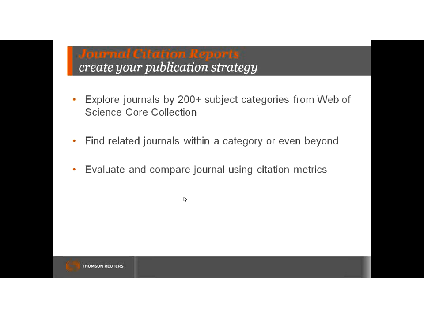Immediacy Index helps you to have an idea that when you publish in a certain journal, you may be cited faster than if you published in another journal. And clearly this is because maybe people read that journal more than other journals. So if this journal is read more by researchers, you may have more chances to be cited, I would say, faster than in other journals.